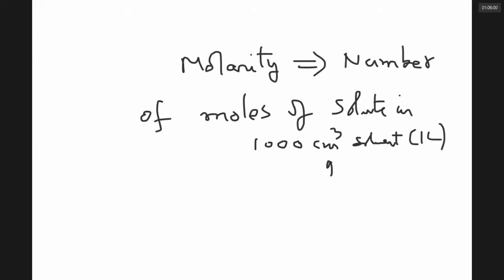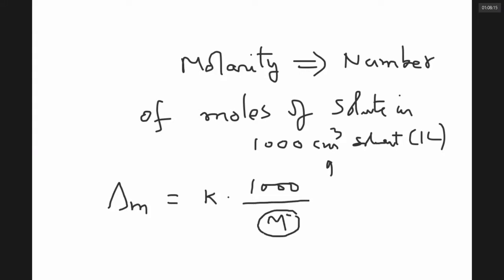I know the relation: molar conductance is equal to K into 1000 by the molarity of the solution. If molarity is in moles per centimeter cube, K should also be in units of Siemens per centimeter. Yes or no? The molarity scale is talking about the number of moles in 1000 centimeter cube, so my K should also be in Siemens per centimeter.